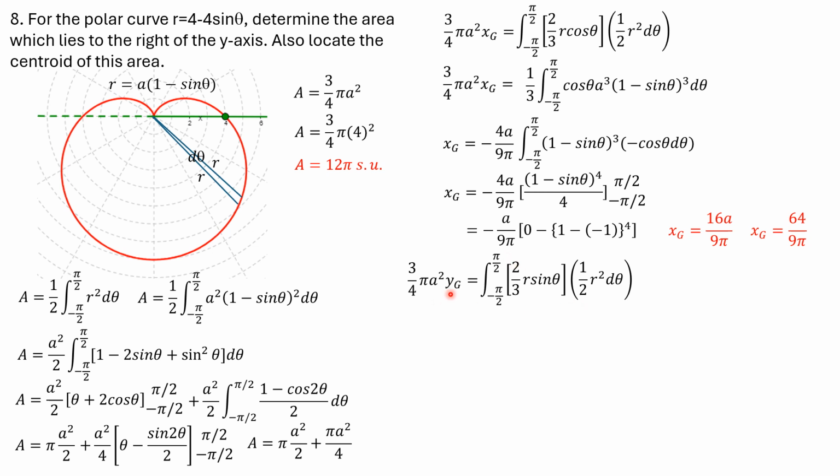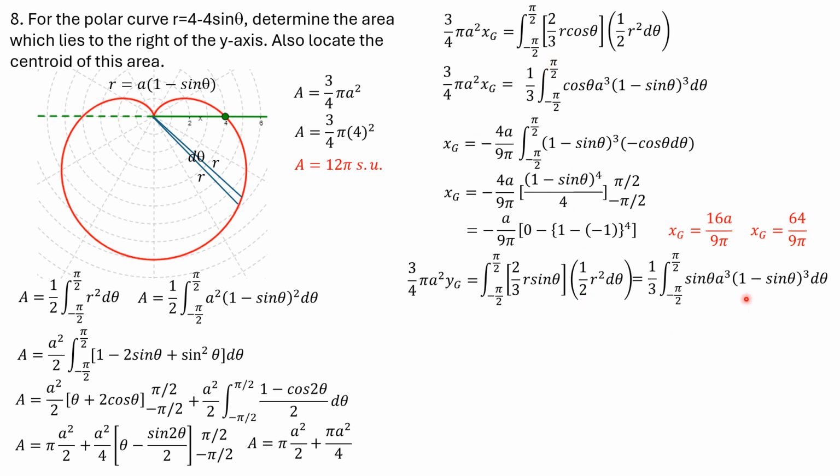We substitute r, which is a, so we have r cubed: 1/3 of the integral from negative pi over 2 to pi over 2 of sine theta a cubed times quantity 1 minus sine theta cubed d theta. By the way, you can use your calculator here to check the answer in general in terms of a, and when a is 4, 64 over 9 pi.